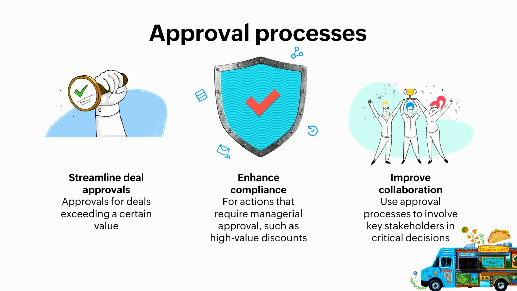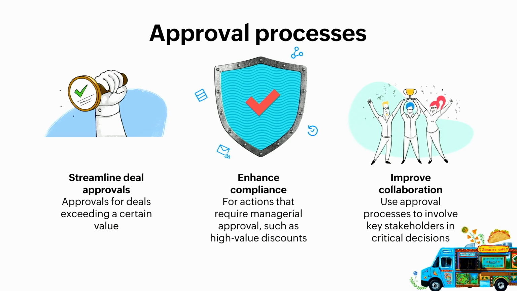So one benefit to approval processes is we can avoid a lot of those manual requests. Simple example is, let's say we have deals inside of the CRM and we want to apply a discount to that deal. Maybe it's a good customer. We want to give them maybe 30% off. Well, anytime I add a 30% off discount to a deal, that could trigger an approval process.